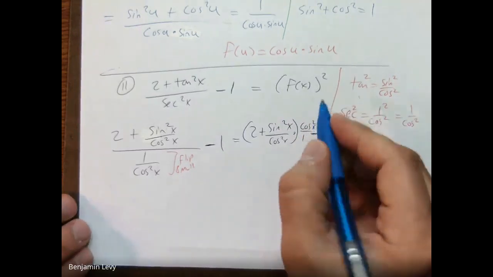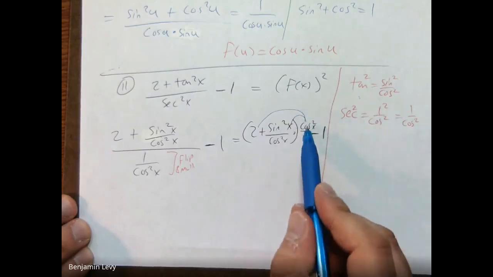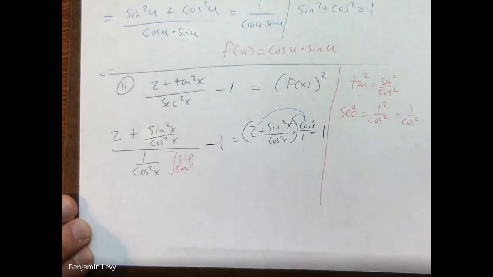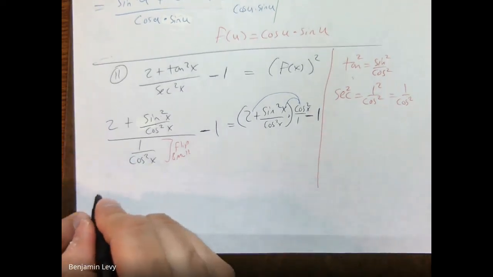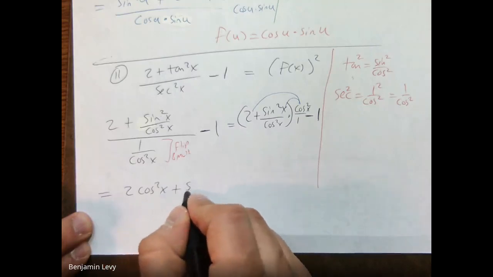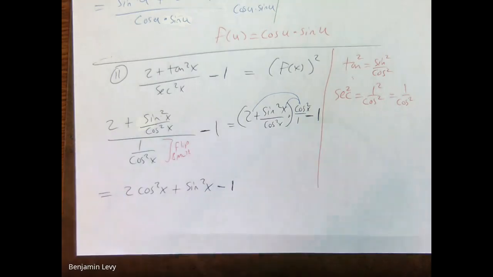And it's going to distribute through here, right? It's going to cancel this denominator out, and then it's going to multiply this one times 2. This one is a tricky one. That's why it's the last problem, I guess. And so when we do that, we end up with 2 cosine squared plus sine squared minus 1.